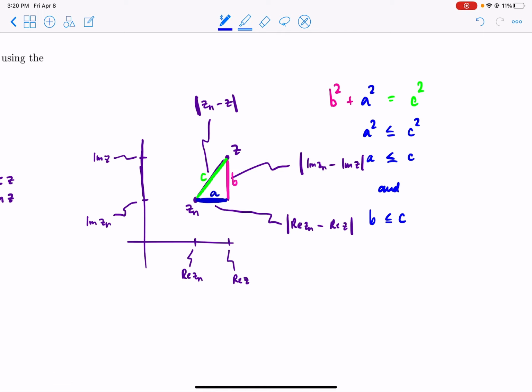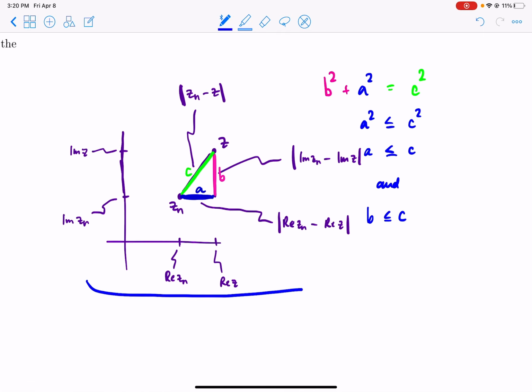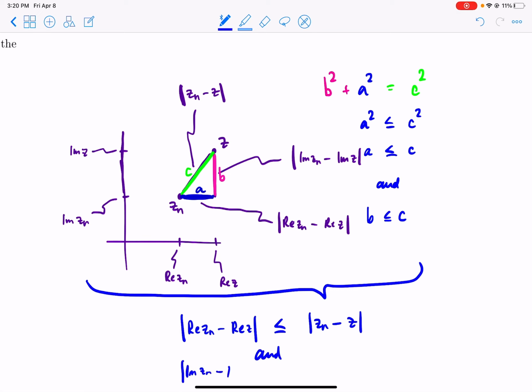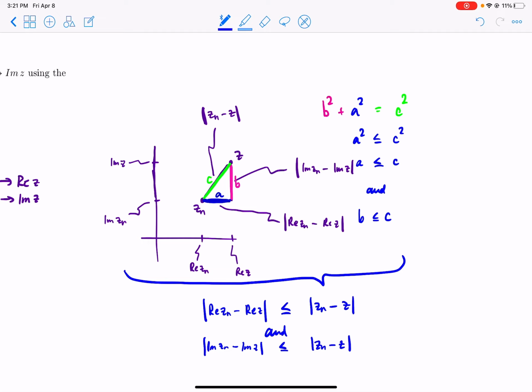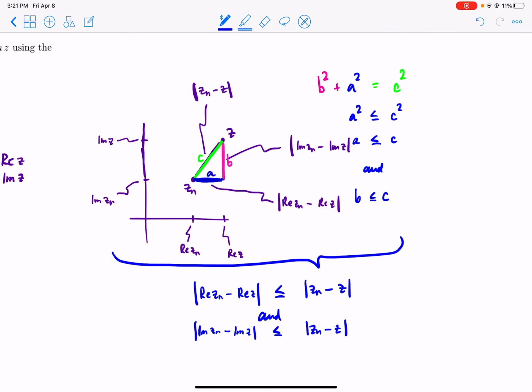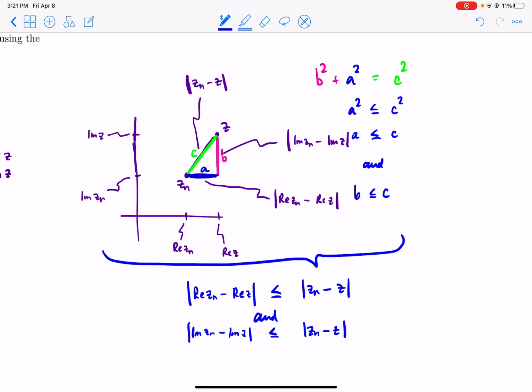So what's the conclusion? The absolute value of the real part of Zn minus the real part of Z is less than or equal to the absolute value of Zn minus Z, and the absolute value of the imaginary part of Zn minus the imaginary part of Z is less than or equal to the absolute value of Zn minus Z. Okay, so maybe I'll just call this whole thing star.